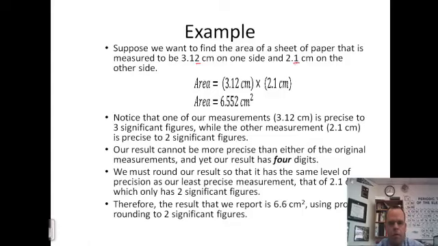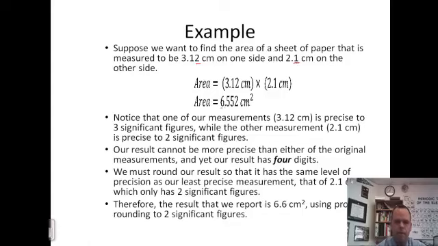So we multiply 3.12 times 2.1 and we get 6.552 out of our calculator. 3.12 has 3 significant figures. 2.1 has 2 significant figures. The answer out of our calculator has 4 significant figures. We need to round it to the least precise of our measurements. The least precise measurement is the one that has 2 significant figures, the 2.1 centimeters. So we will round our answer to 2 significant figures.